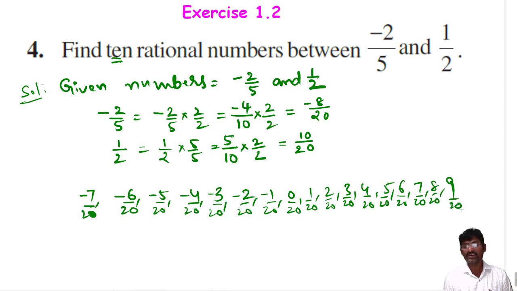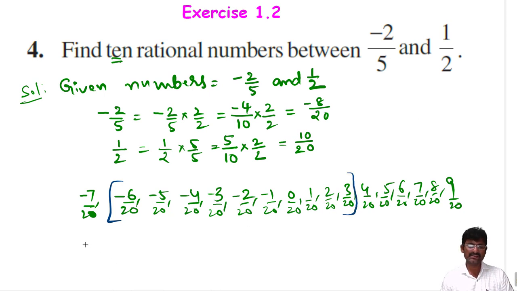Now we need how many? 10 rational numbers. You pick up any 10 out of these. I am taking, starting from negative 6 by 20, 1, 2, 3, 4, 5, 6, 7, 8, 9, 10. Up to this one I am writing.